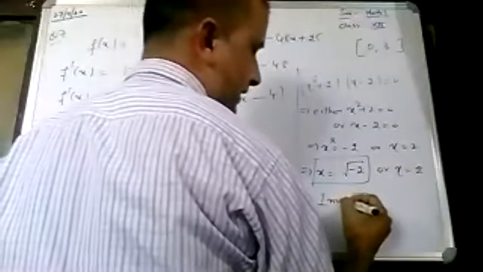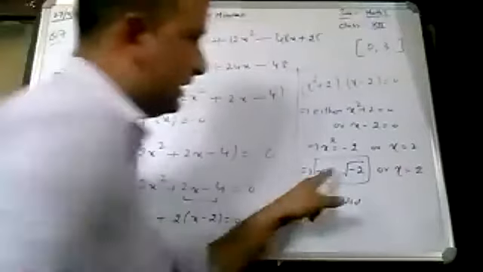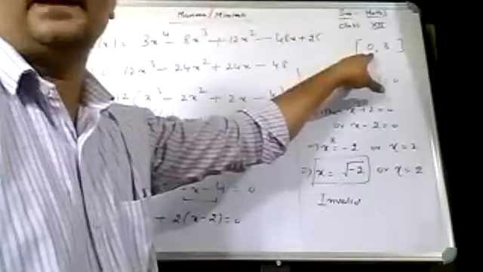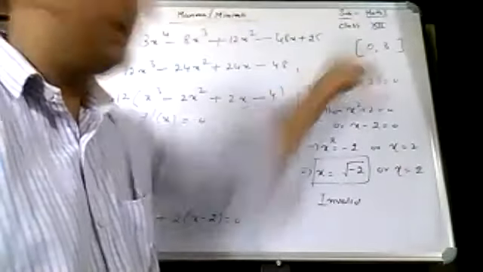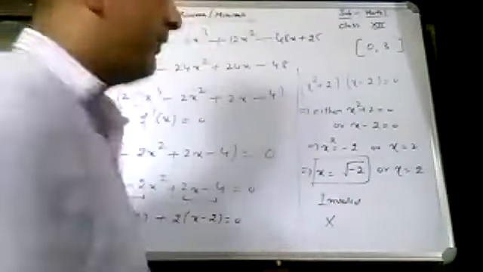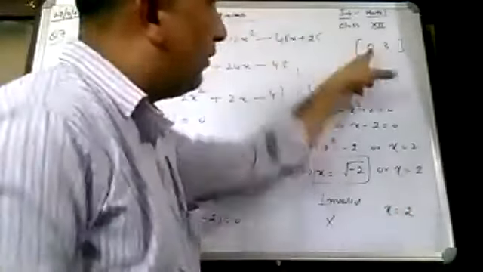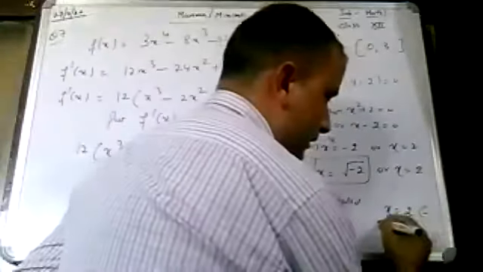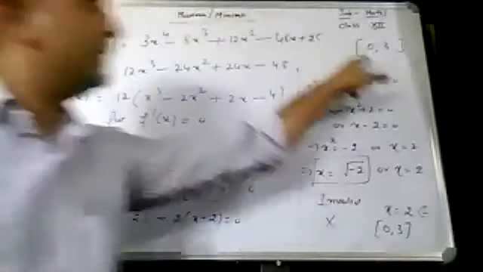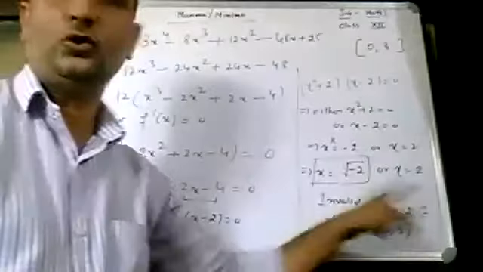Why is it invalid? Because this value does not belong to this interval. ठीक है, interval आपका real number and this is a complex number. So we will reject this value. So finally x is equal to क्या आ गया, 2, and you can see 2 belongs to this interval, belongs to [0, 3]. Clear?